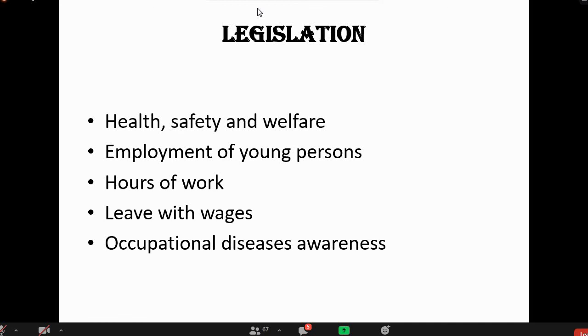They do not take leaves. There are those under 18 working for organizations. Then different kinds of health and safety are not being taken care of. So it is important that this legislation is implemented.